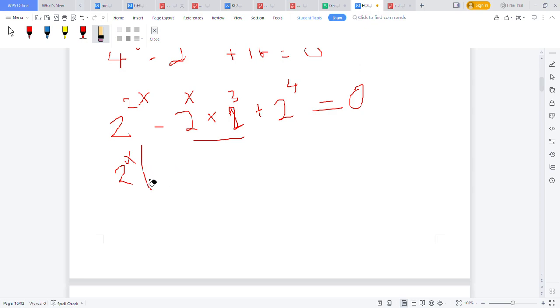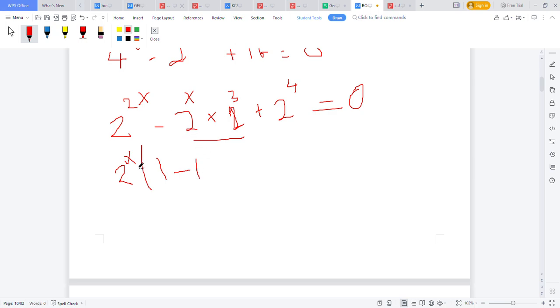So here we're going to have 2 raised to, so here 2 is common, so here we're going to have 1 squared, which is the same as 1, minus 1 raised to power x.